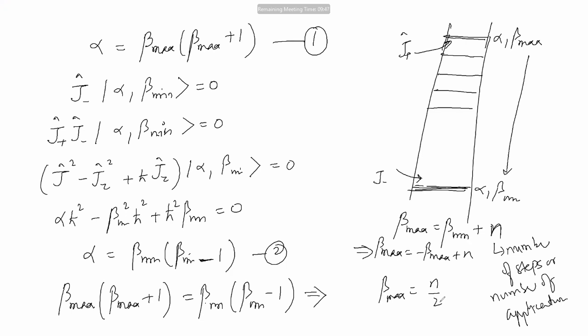But n by 2, depending upon the value of n, can be half odd integer, or can be simply integer. Therefore we have this value of beta max with us.